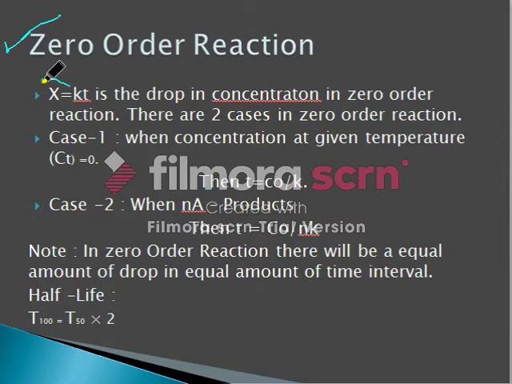First, we have to learn about it. K is the rate constant, and t is the time. x equals kt is the drop in concentration in a zero order reaction.